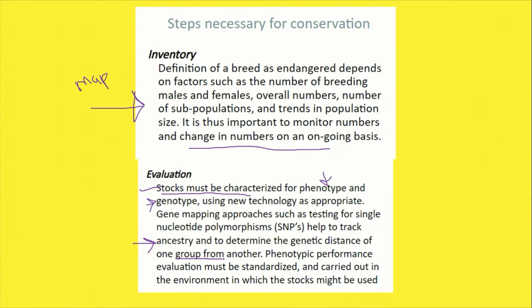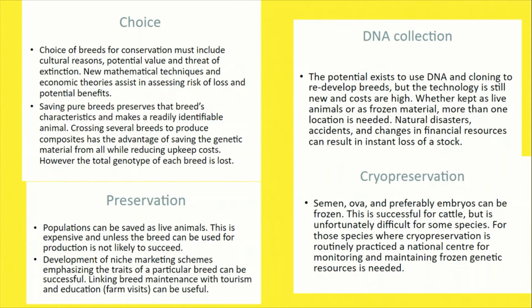Then of course phenotypic, or appearance and performance evaluation, must be standardized and carried out in the environment in which the stocks might be used. So when you have genetic resources, you need to keep evaluating their phenotypes and their genotypes, then link them to family trees. You can map ancestries in gene mapping.